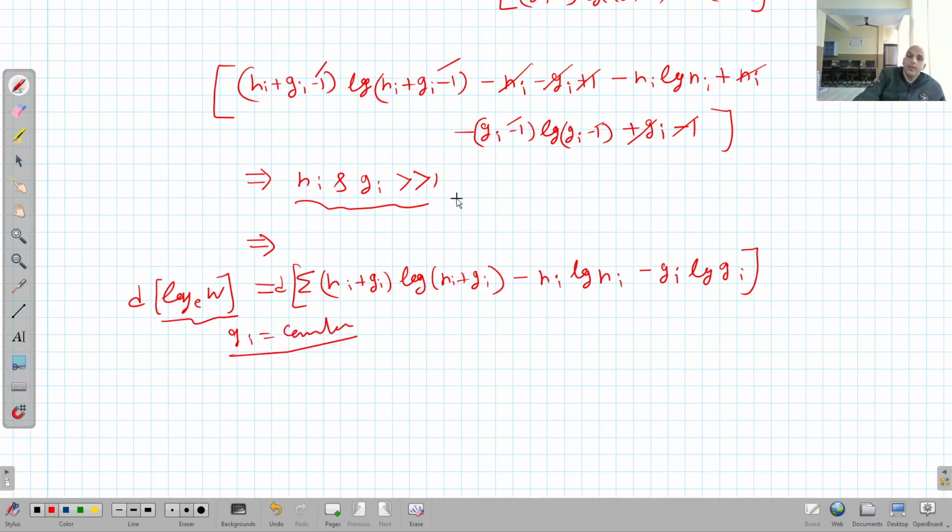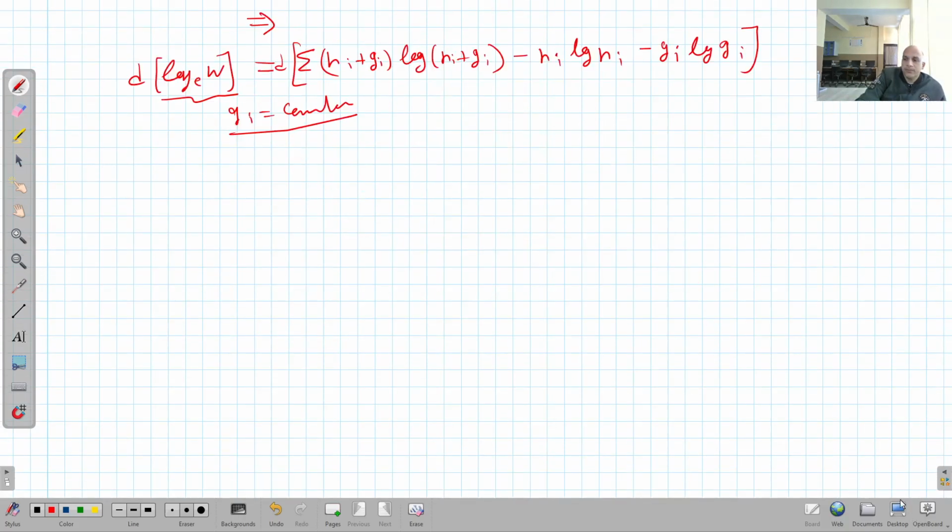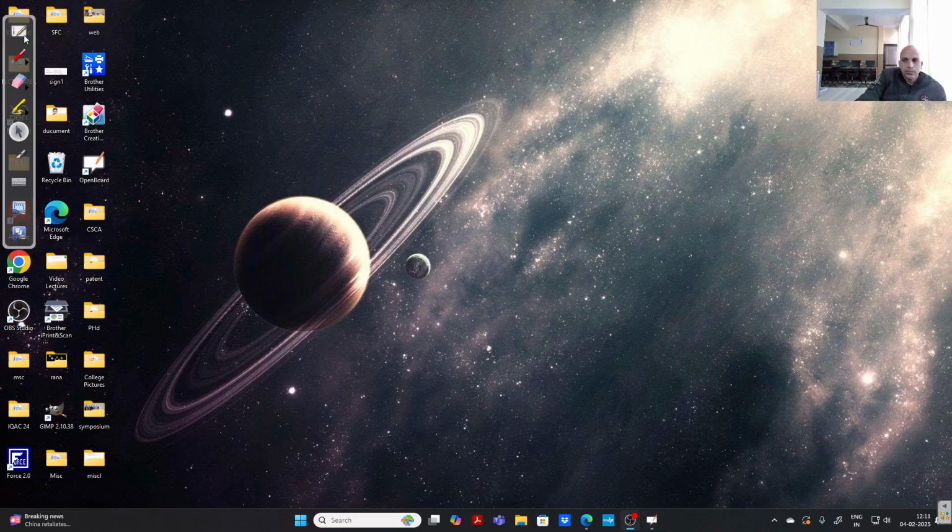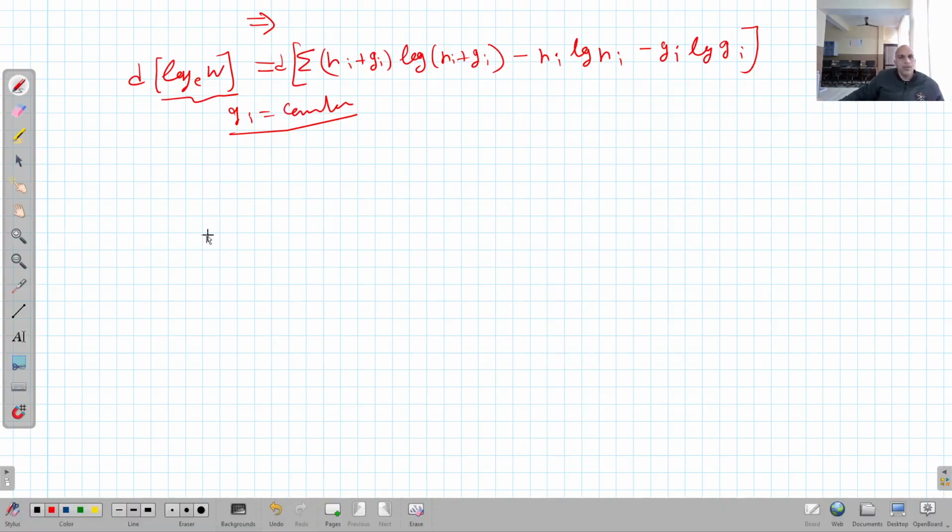Clear? So when you take the differentiation, it will become dNi, differentiation of first factor, dNi log of (Ni plus Gi), right, plus (Ni plus Gi) into differentiation of second, that is 1 upon (Ni plus Gi), differentiation of log, into dNi.